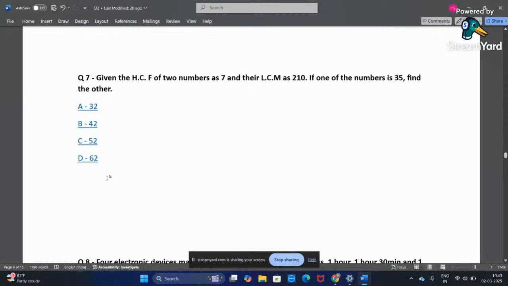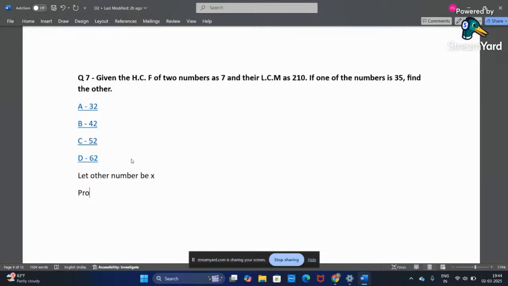So what you have to do, let's take the other number value as X. Let the other number be X. Okay. So what is the formula for this? The formula is, the product of numbers equals product of the HCF and LCM.